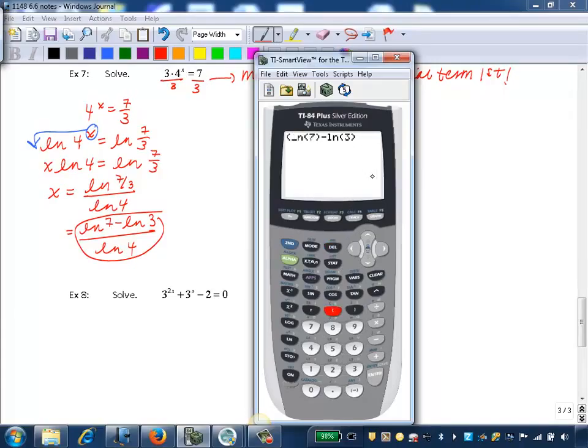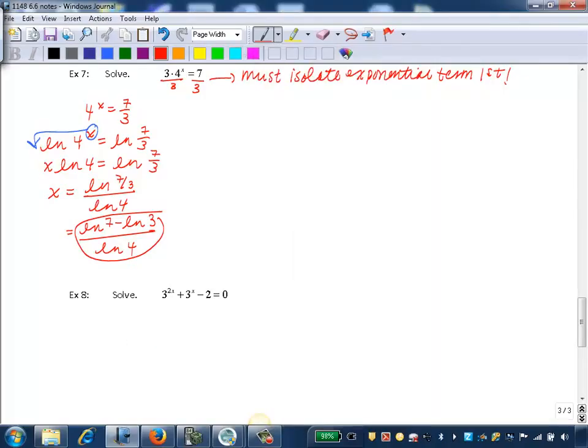So I want that entire difference, natural log 7 minus natural log 3, that should all be enclosed in parentheses. And then I'll divide by natural log 4. And so we can see it's approximately 0.611. Just pay attention to how many decimal places you're asked to round. So this is approximately 0.611.